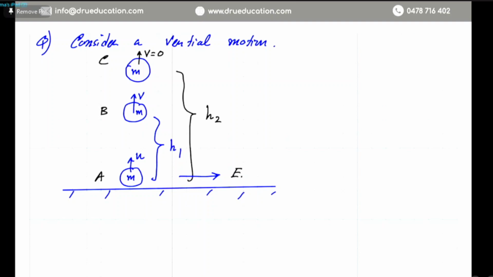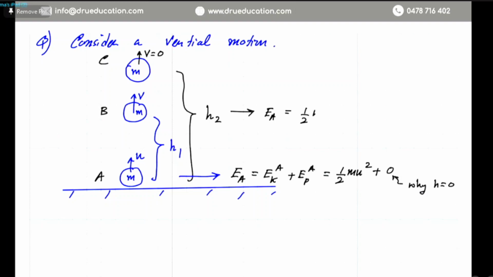So if you want to find EA, that would be E of kinetic at A plus E of potential at A. So E kinetic at A is half into mu square, potential is 0, because h is equal to 0. Now EB is equal to half into m v square plus mg h1.